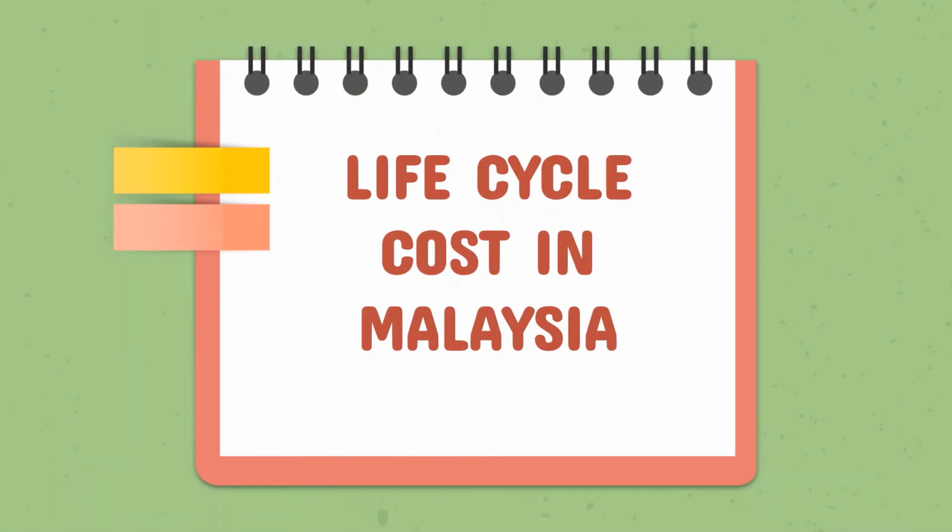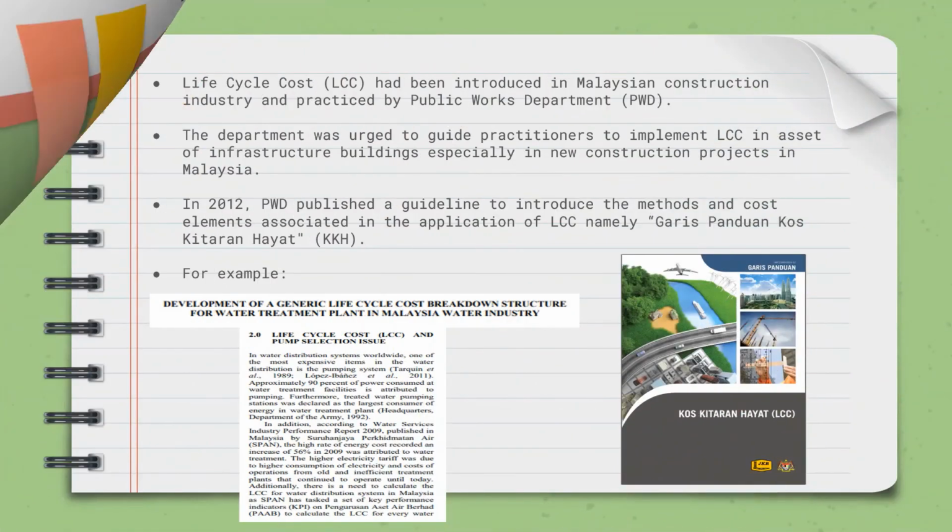We move on to the life cycle cost in Malaysia. For your information, life cycle costs have been introduced in the Malaysian construction industry and practiced by the Public Works Department (PWD).